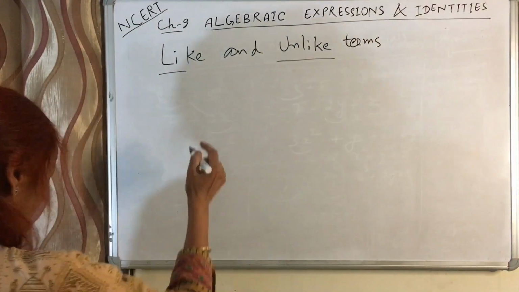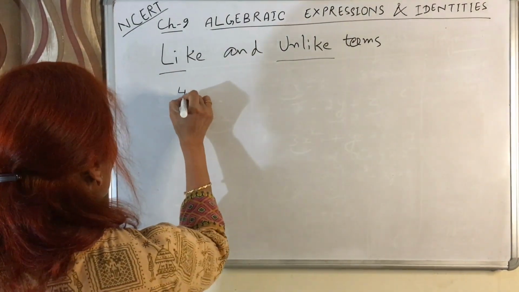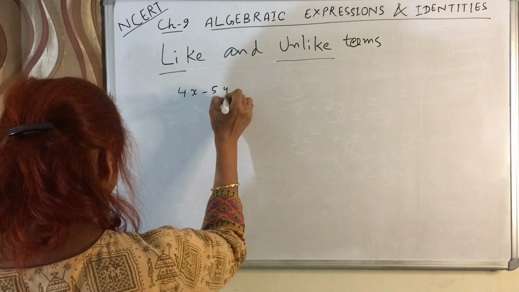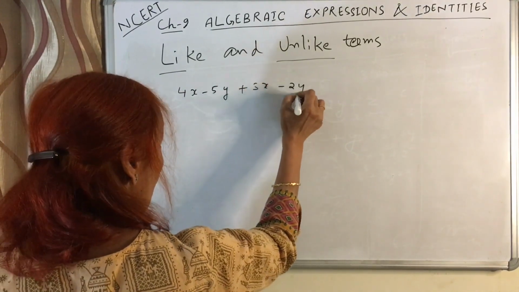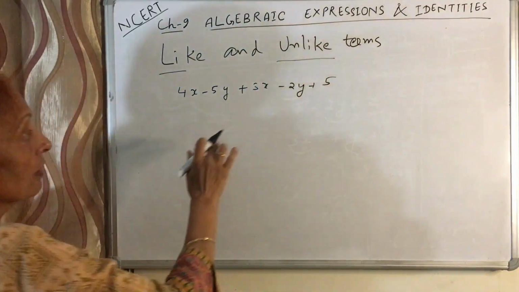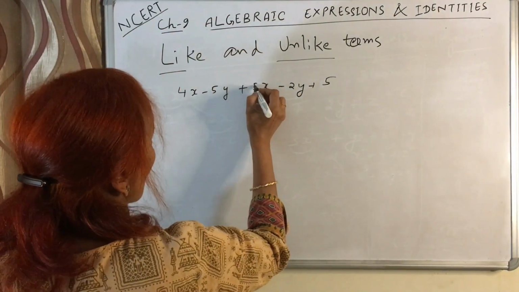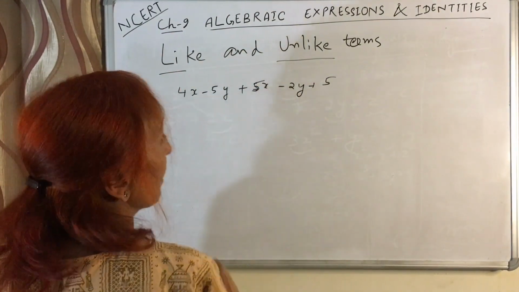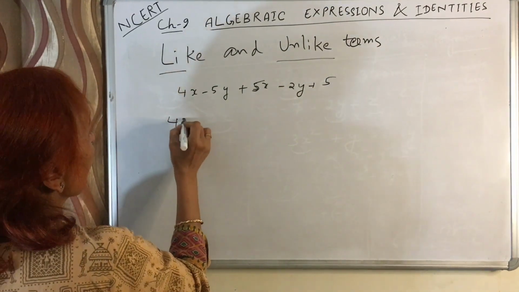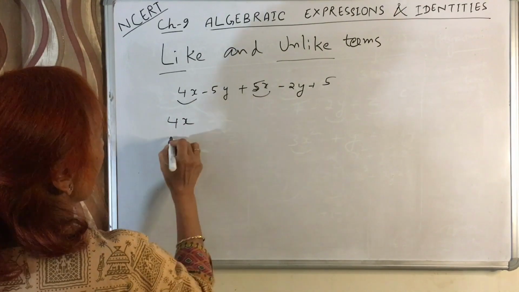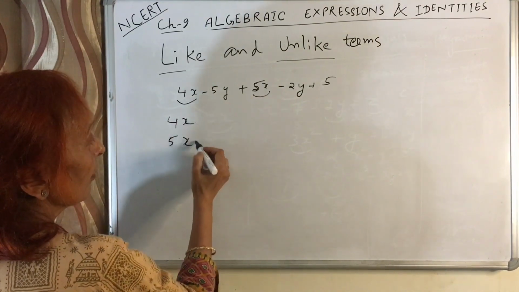Okay. Say the question is 4x minus 5 plus 3x minus 2y plus 5. In this expression, what are the like terms and what are the unlike terms? So like terms are 4x and 3x, same variable, same degree.